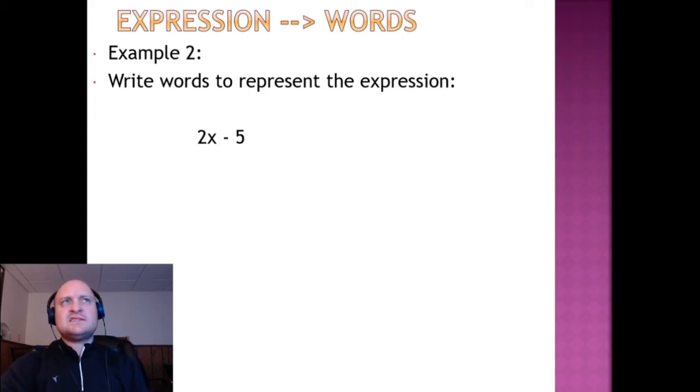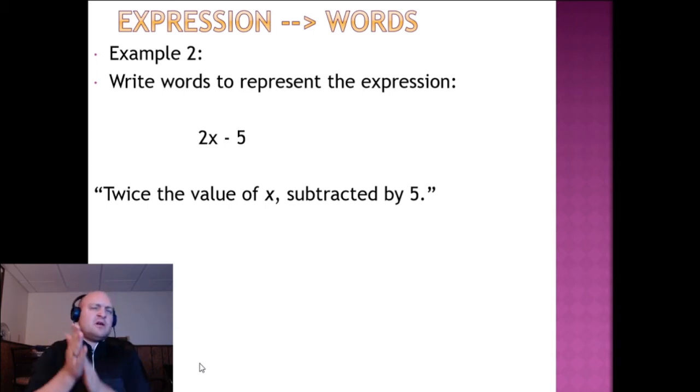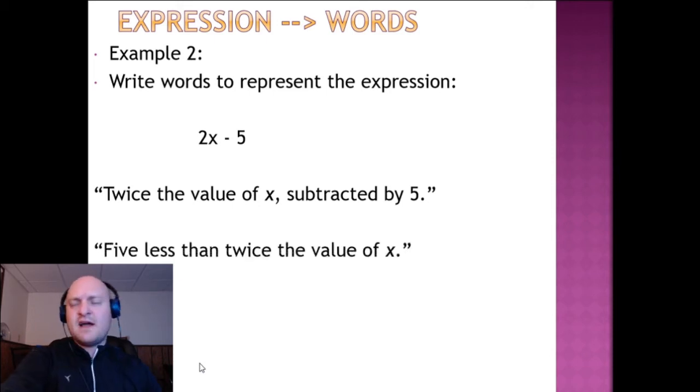First, you could say something like twice the value of x, take away 5, which is a very straightforward way to represent the original scenario, since it does an adequate job of saying that you're doing 2 times a missing number and then subtracting 5 from it. However, you could also be clever about it. If I wanted to say that it was 5 less than the original value of 2 times x, we could say something like 5 less than twice the value of x.